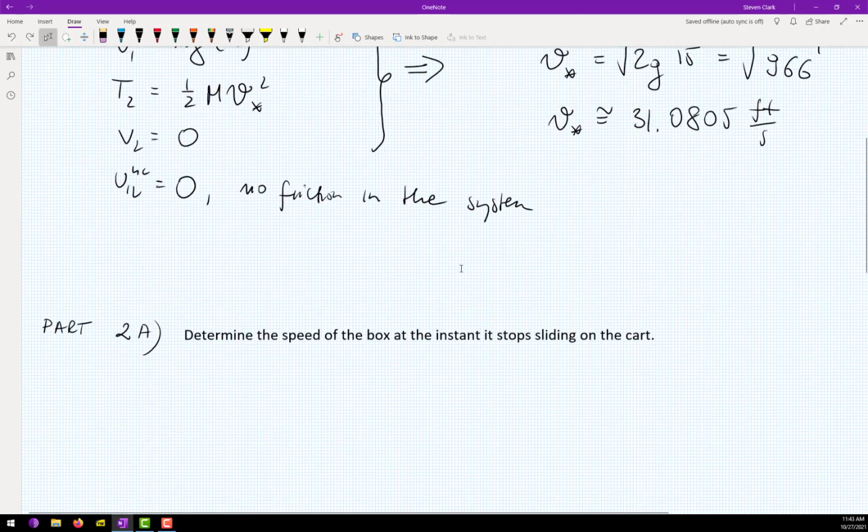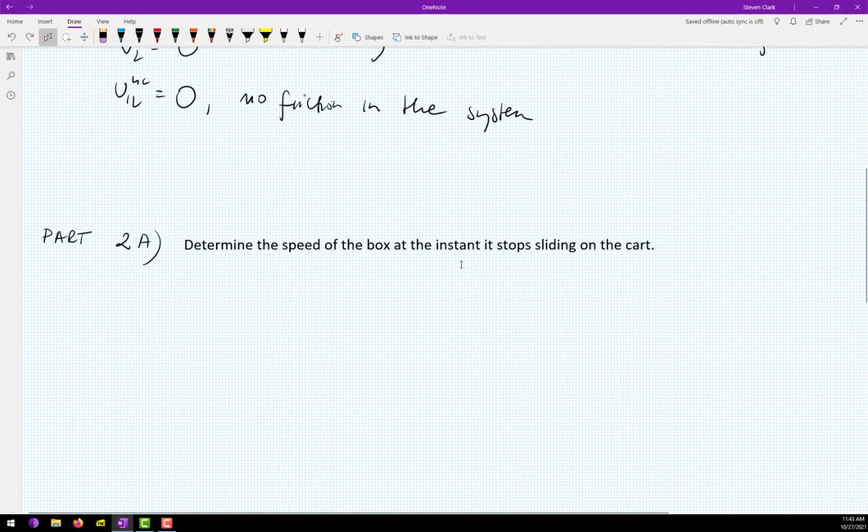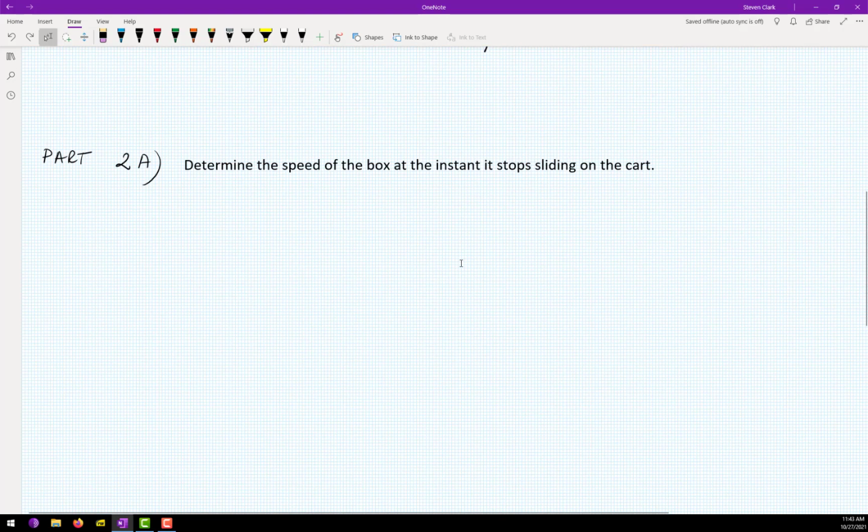Now we can start talking about momentum. Determine the speed of the box at the instant it stops sliding on the cart. Okay, let's draw our momentum diagrams.